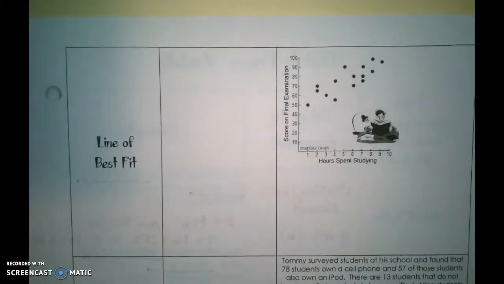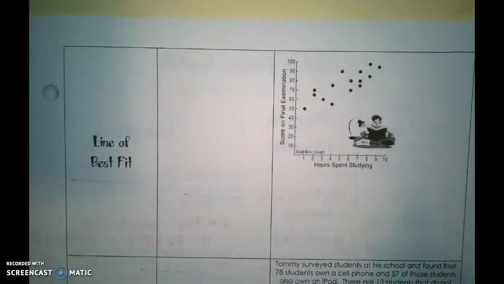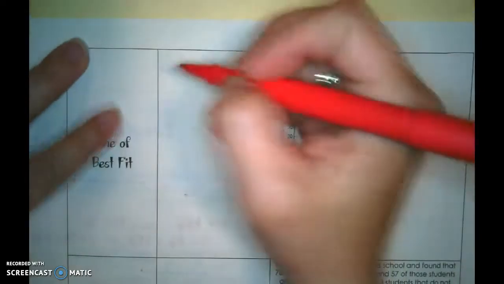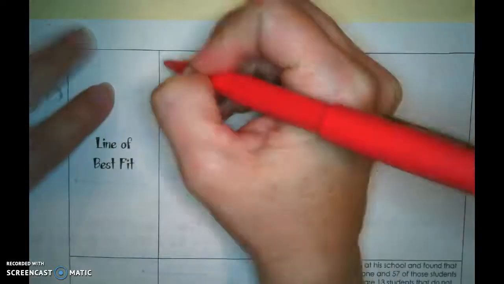And basically what we're doing here is we are going to look at a scatter plot and come up with a line that basically follows the path of the points on the scatter plot. And then once we pick that line, we will go through and find the equation for it. So what we are doing is the line of best fit.